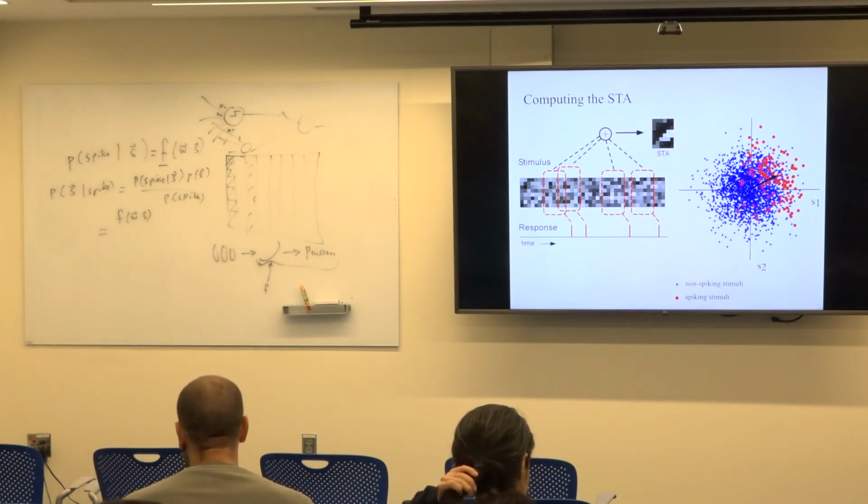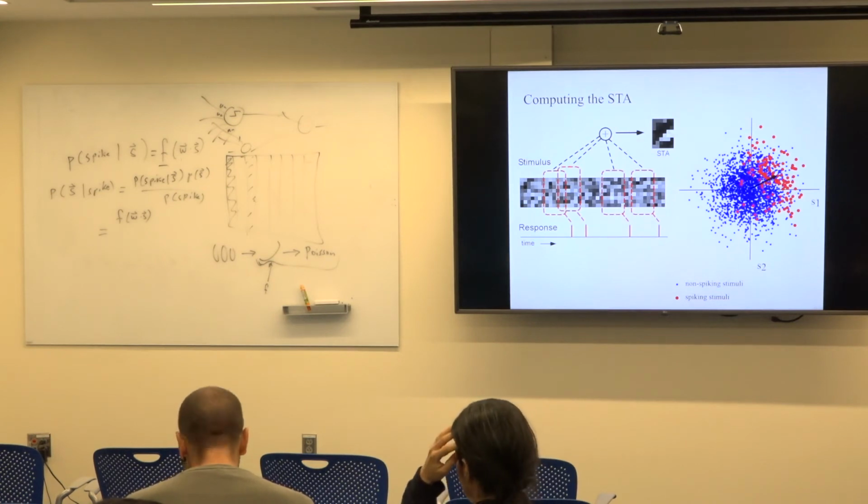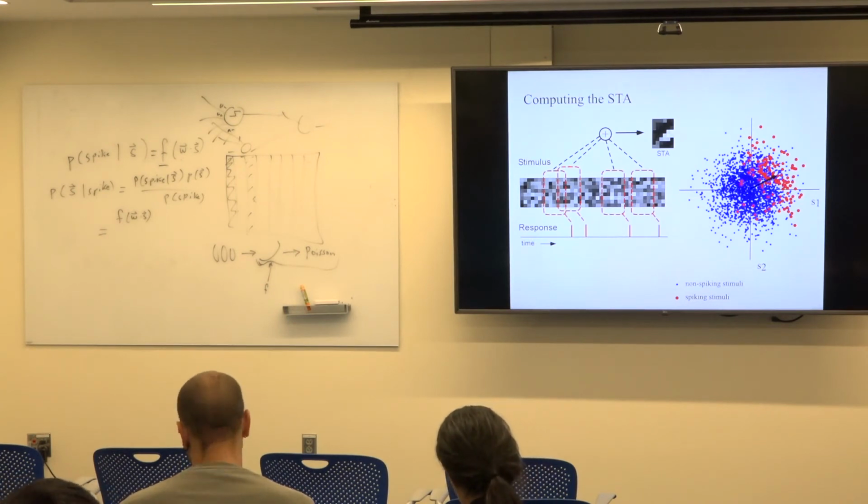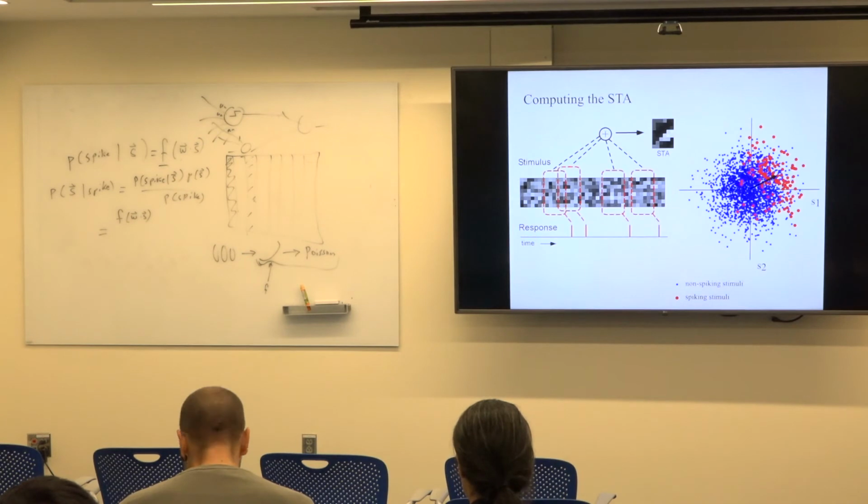You're the experimenter, you know what that is. But there was one thing I told you had to do, which is you had to make it spherically symmetric. I didn't care whether it was a Gaussian or some other function, but it's got to be spherically symmetric. So spherically symmetric means it depends on how far the stimulus is from the origin, and doesn't depend on anything else. All things that are equidistant from the origin have the same probability.